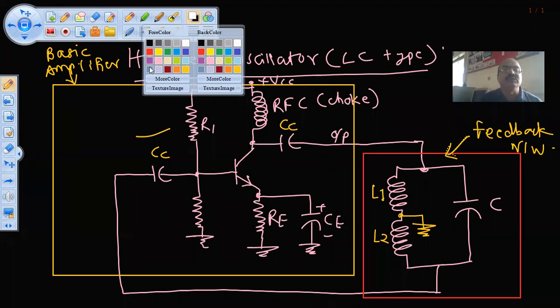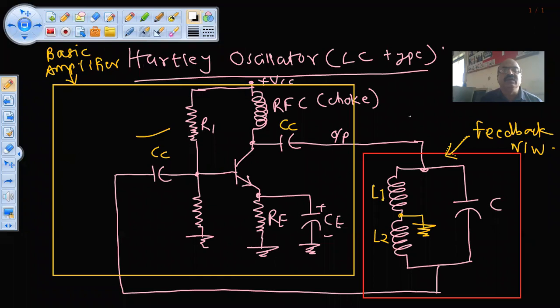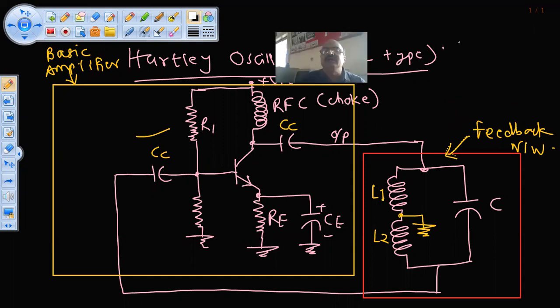In 12th standard, you must have studied. Whenever an inductor and capacitor come in series or in parallel, they form a tank circuit. This is the inductor and this is the capacitor.